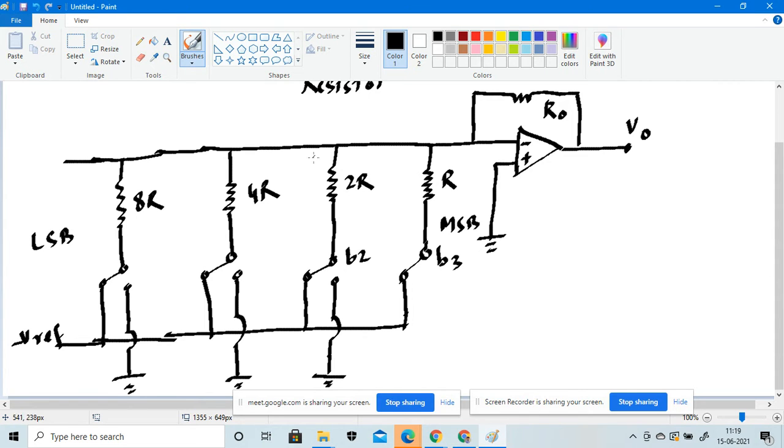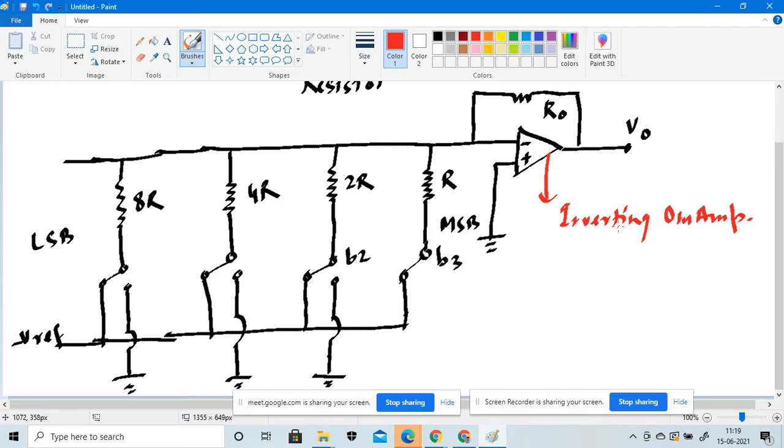So it should be considered. Here we will consider that if I consider this thing, this one is actually called the inverting op amp. Okay, so it should be called an inverting op amp, right? Operational amplifier.